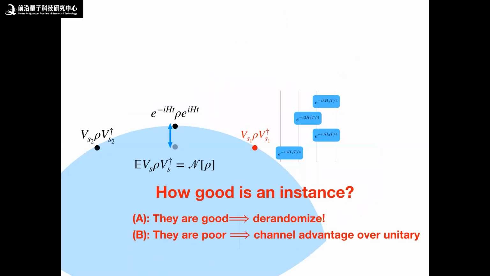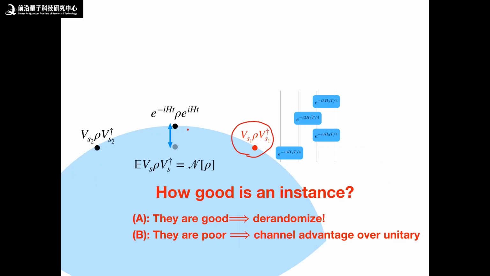The main focus of this work is to understand all these typical instances. And why should we do that? Suppose these are good. If these ones are already very close, then we don't really need to use this channel. We can just pick one of them. We can de-randomize, and de-randomizing is a good thing if you can do it without sacrificing the error.